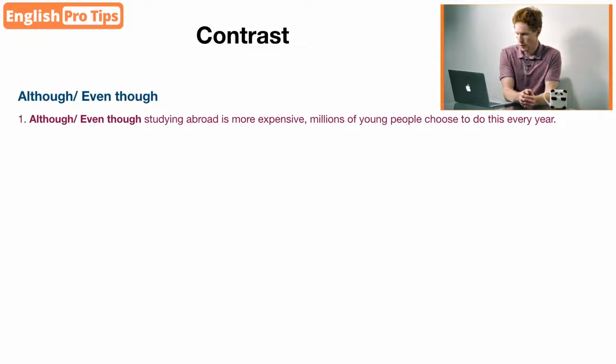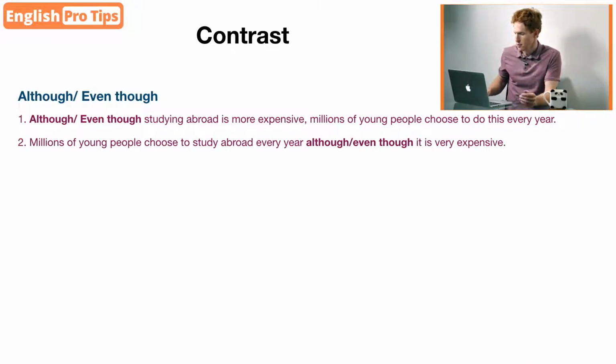Although, or even though, studying abroad is more expensive, millions of young people choose to do this every year. Millions of young people choose to study abroad every year, although it is very expensive, or even though it is very expensive.